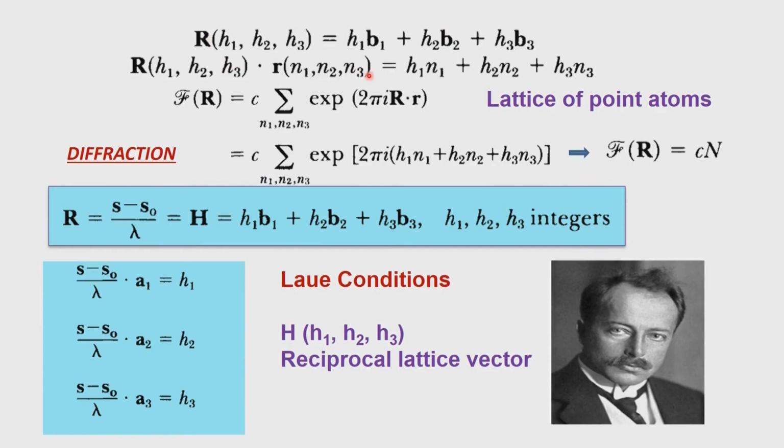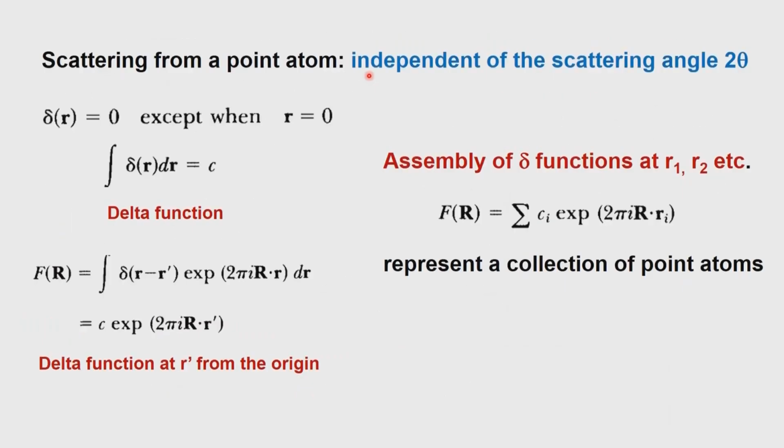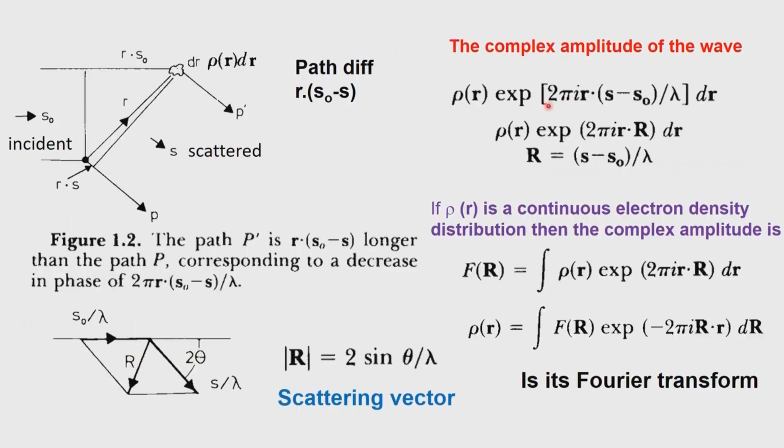We will do a small mathematical operation, that is to take the dot product of r dot R. Now you might worry why we are doing this r dot R dot product. We need this r dot R dot product because you see here you have in this expression r dot R. The calculation of the structure factor will be accomplished if we get this quantity r dot R. Okay, so we need to have this dot product between the real space vector and the reciprocal lattice vector.